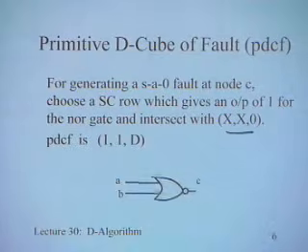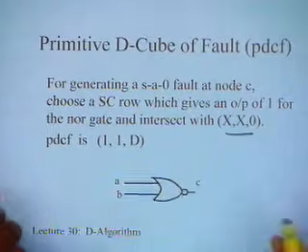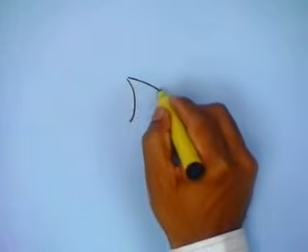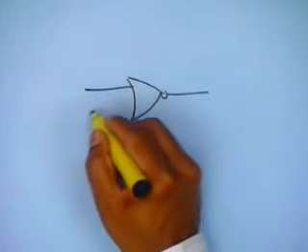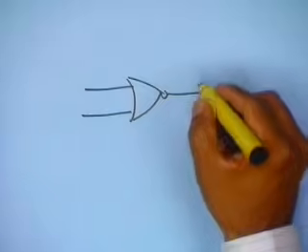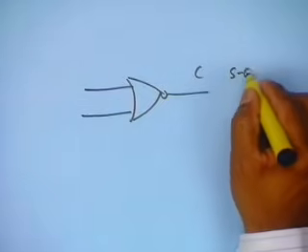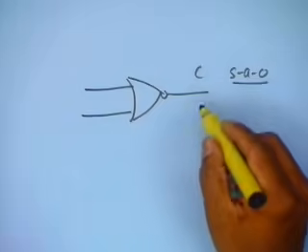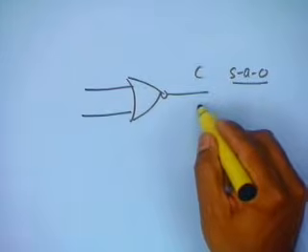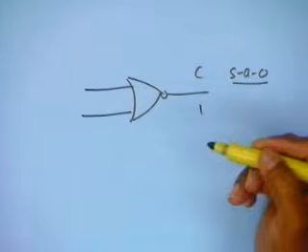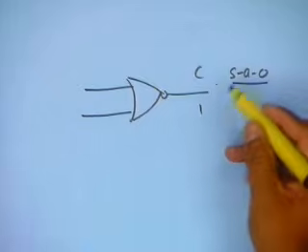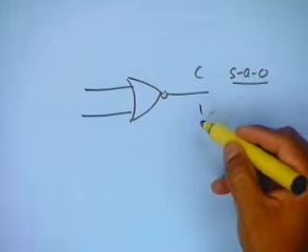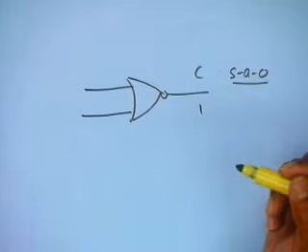So, what you get is PDCF is 1 1 D. What I am trying to do, if you consider this, this is a C node and I want to do a stuck at 0 at C. So when I have to do a stuck at 0 at C, I have to generate a 1 here, isn't it? If I generate a 1, then only a fault gets generated over here. Under fault and true condition and faulty condition, values are different.